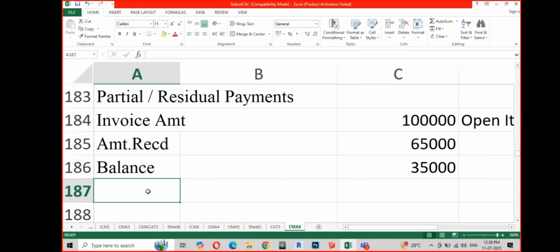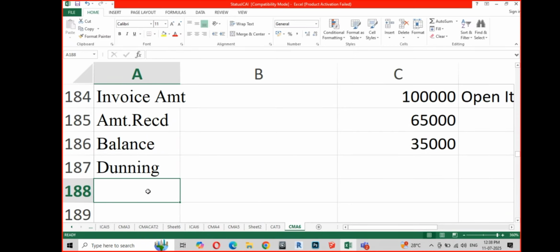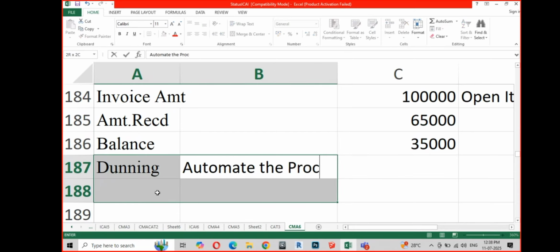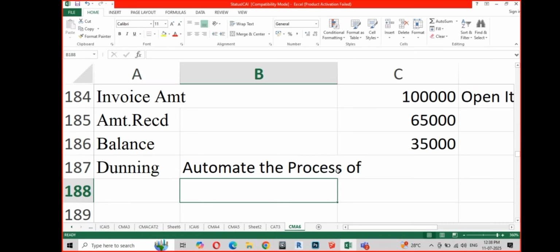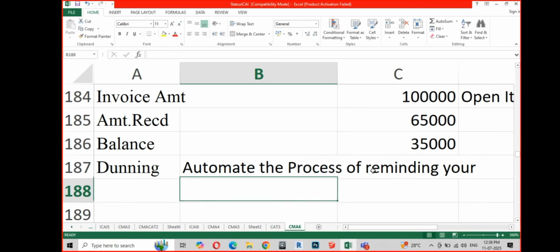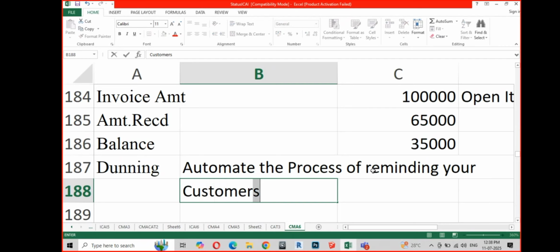As important or as critical as APP in your vendor module, you have a concept of dunning in SAP, where you automate the process of reminding your customers of their outstanding.